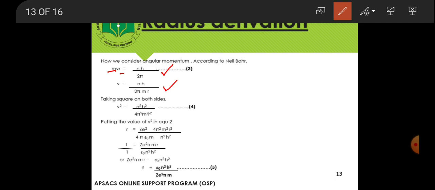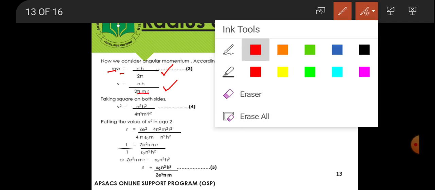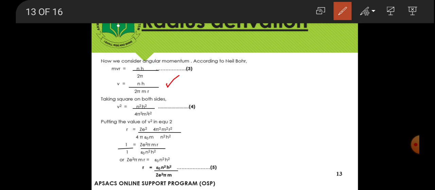When we write mr on the right hand side, they will be divided. Now we will take the square of this equation on both sides and we will get equation number 4, and that is v square is equal to n square h square over 2 pi the whole square, which is 4 pi square m square r square.